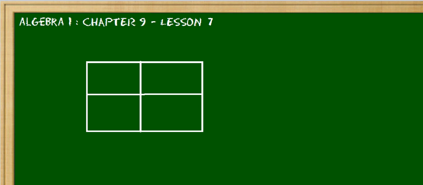Okay, let me just write that in there. All right, so if we were looking at this box, we would say that the area, though it's not area, but we're just going to use this term loosely right now, it could be the area, is 3x squared plus 11x plus 10.